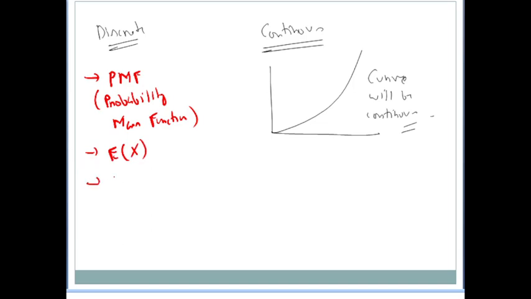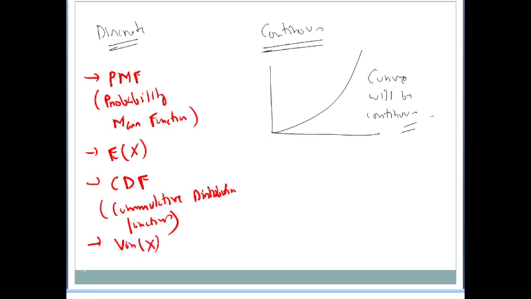Here we will be obtaining the CDF, that is the cumulative distribution function. Then we will be finding the variance of x. We will be finding the standard deviation.